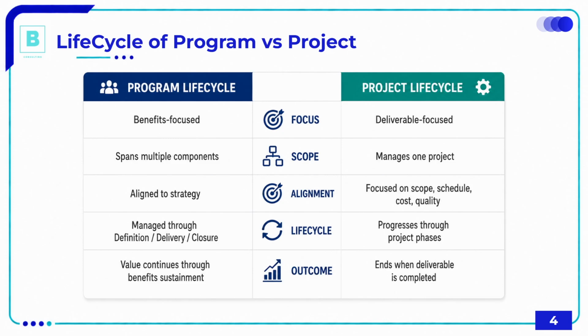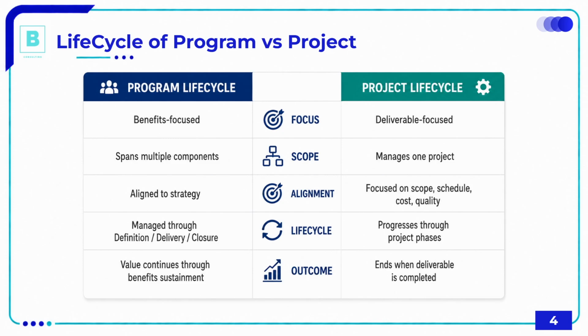We need to make sure in this session that the students understand the difference between the program lifecycle and the project lifecycle. The program lifecycle focuses on benefits, while the project lifecycle focuses on deliverables. The program lifecycle spans multiple components, but the project lifecycle manages only the project's lifecycle. For alignment, the program lifecycle is aligned to strategy.